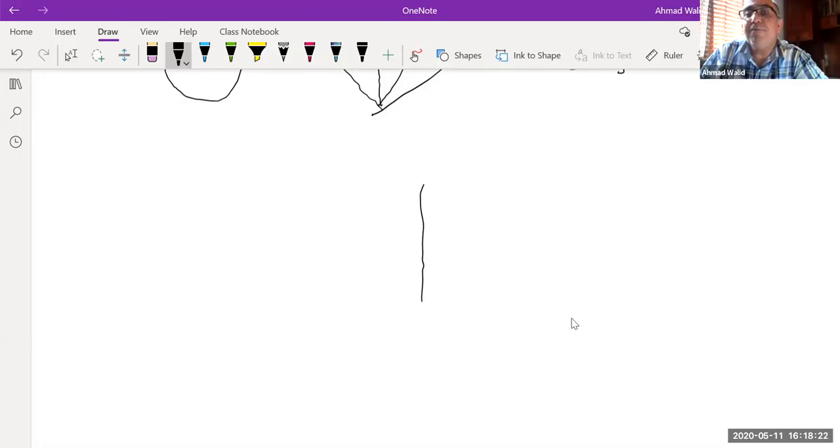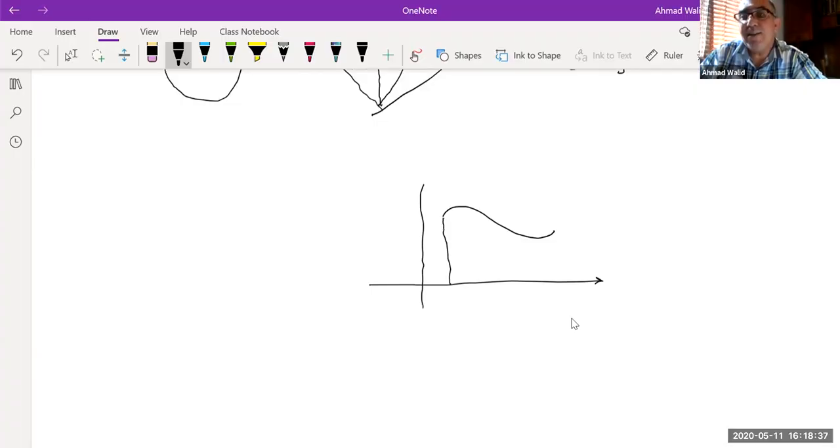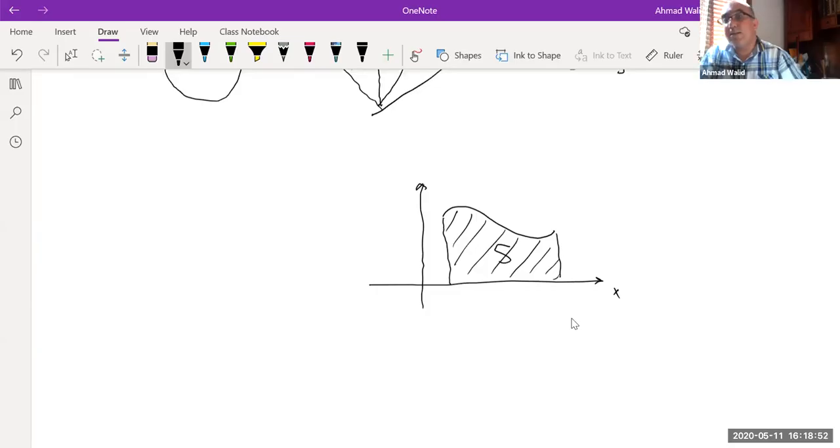Maybe I'll give you a function. You're dealing with a function now. Maybe the function is like this. Now, if I ask you to find the area under this curve and above the x-axis, meaning this area, let's name it S. It's not easy to find in a closed interval [a, b].